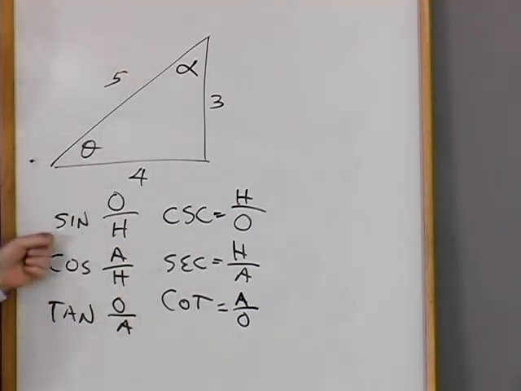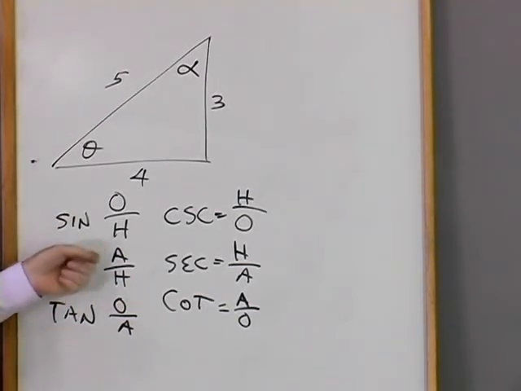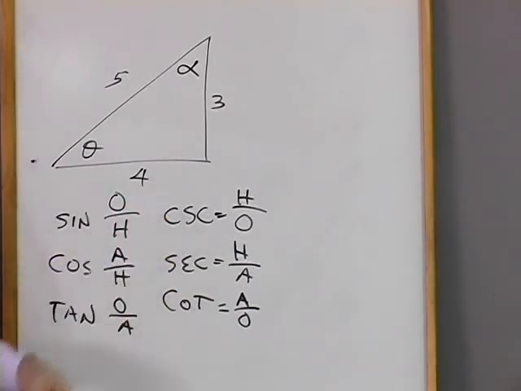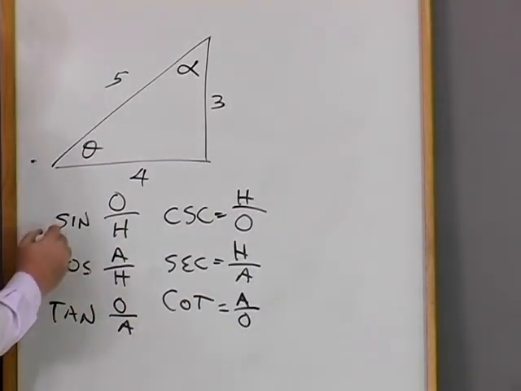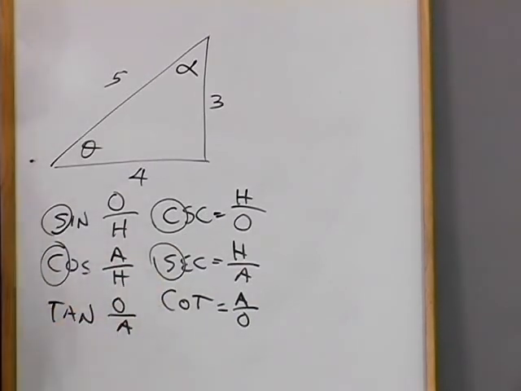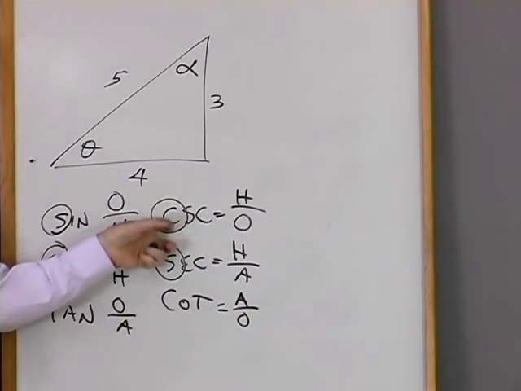Now, how do you keep these straight? Because it is interesting that you have sine, cosine, secant, cosecant. How did I keep those straight? I just think, well, if this starts with an S, this is the opposite, and this starts with a C, this is the S. But these are kind of like co-functions of each other.